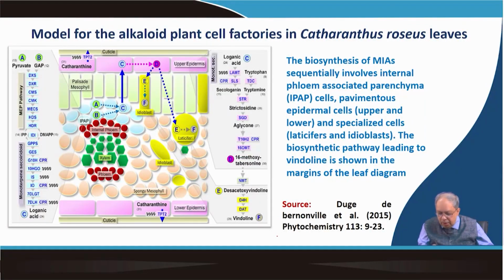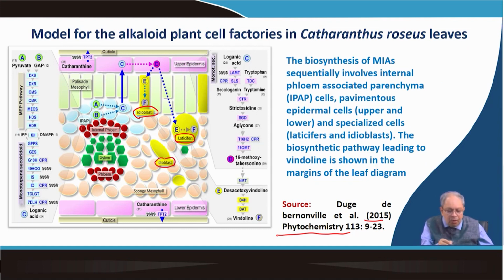Much later, a review published in Phytochemistry shows the same thing, that this is the idioblast where the conversion takes place, meaning the late steps of indole biosynthetic enzymes, the laticifer.